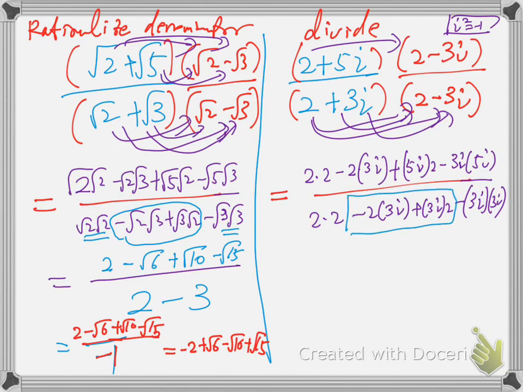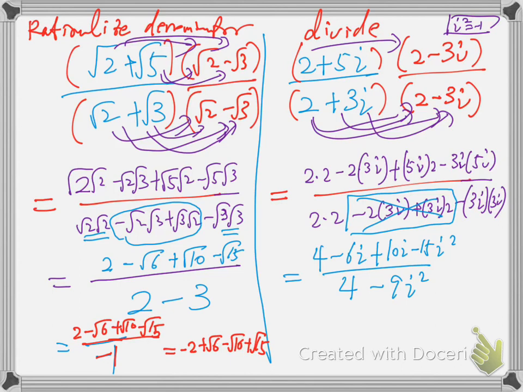That's why we use the conjugate complex number. So we got 4 minus 9i squared. We always get a good denominator. So numerator, this is 4 minus 6i plus 10i minus 15i squared.